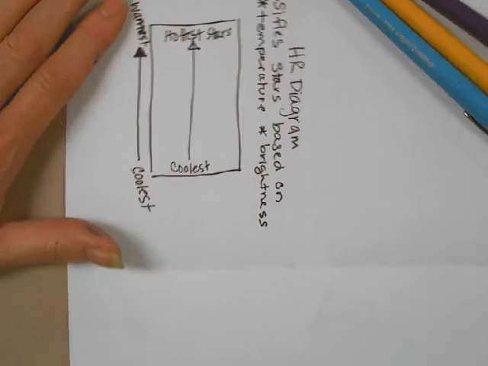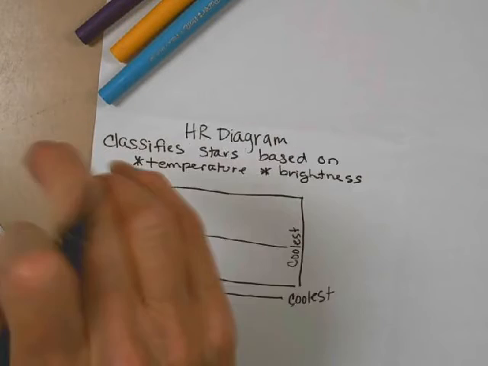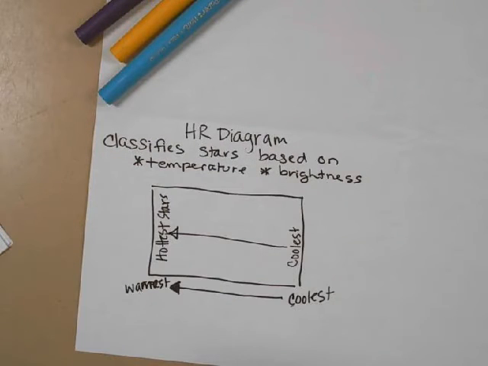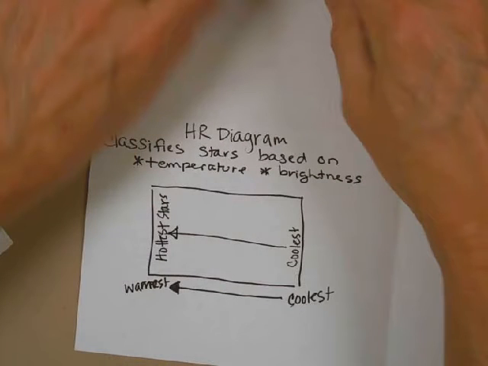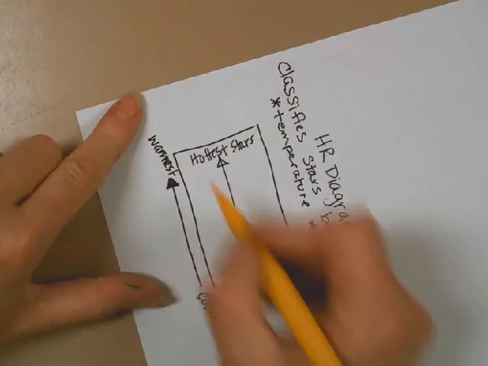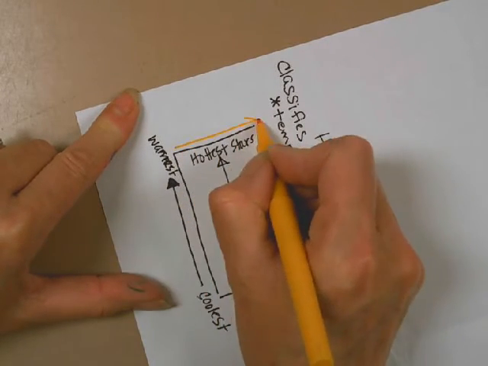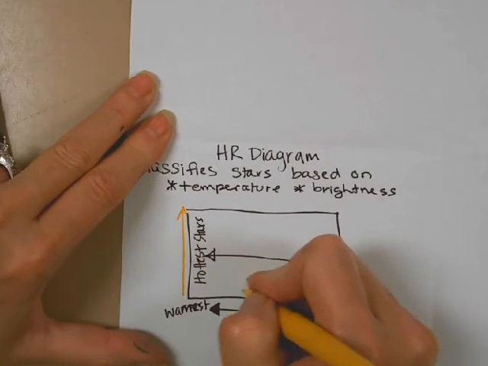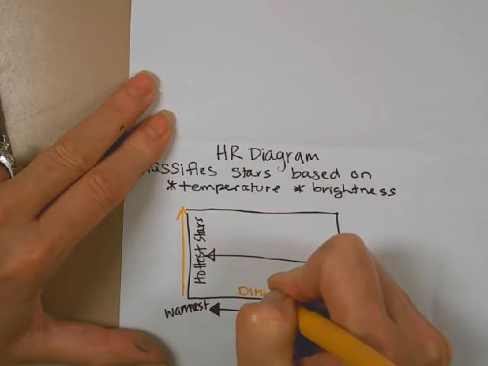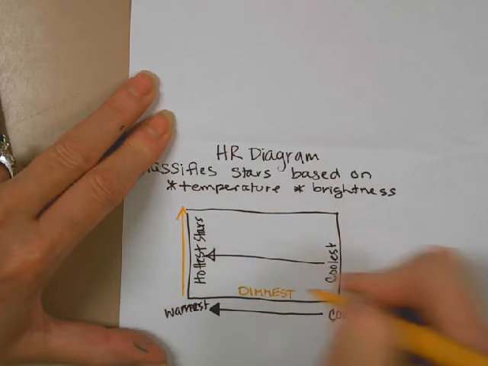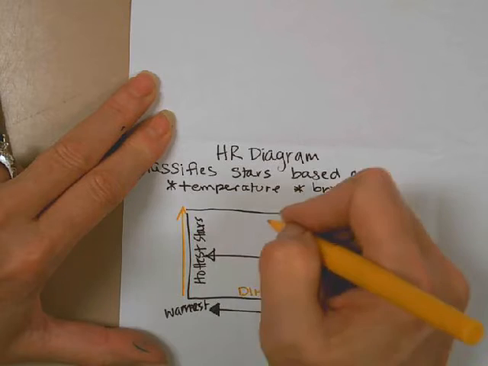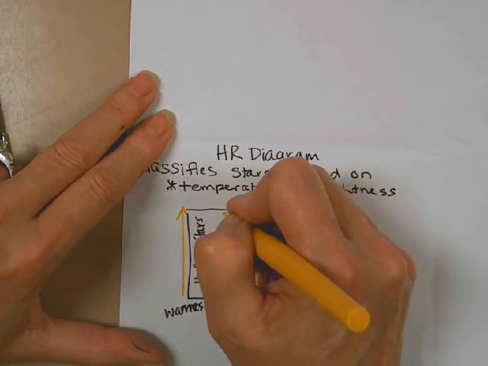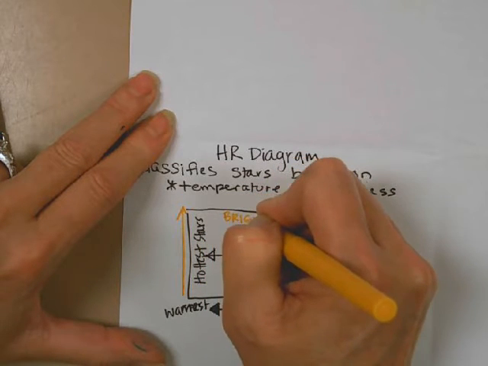As far as brightness goes, the y-axis is our brightness. It increases from bottom to top. So down here towards the bottom of the diagram are the dimmest stars, and up here at the top are the brightest stars.